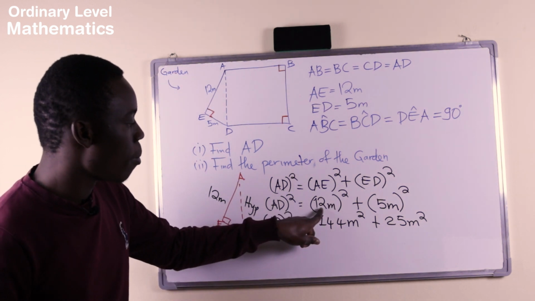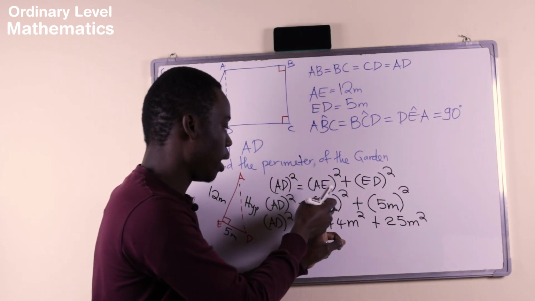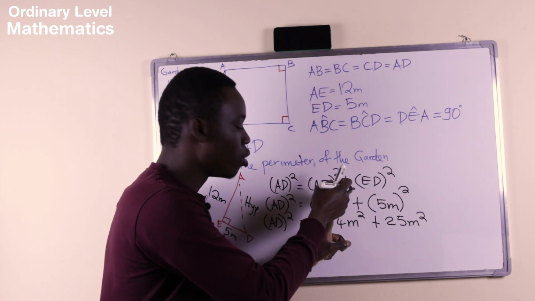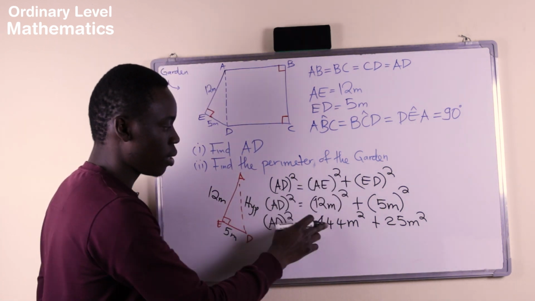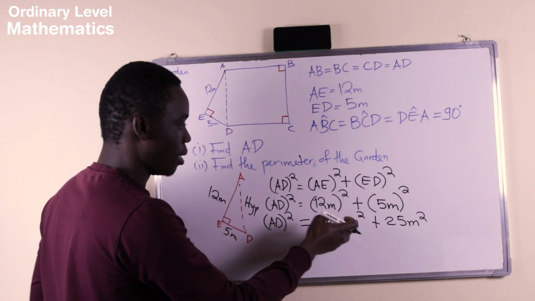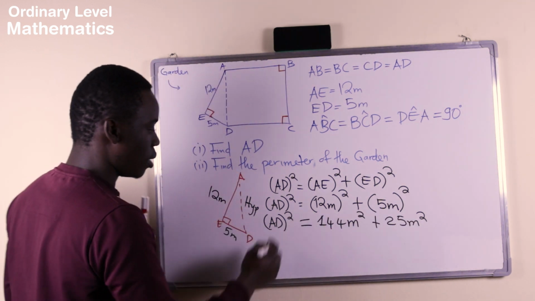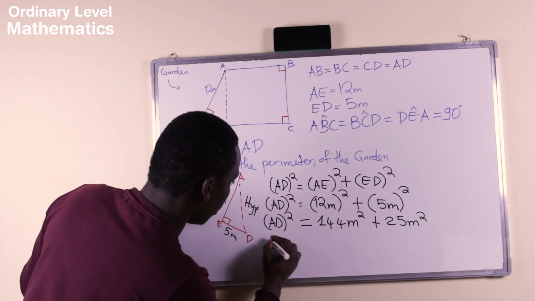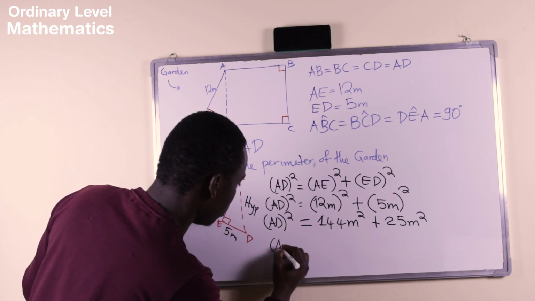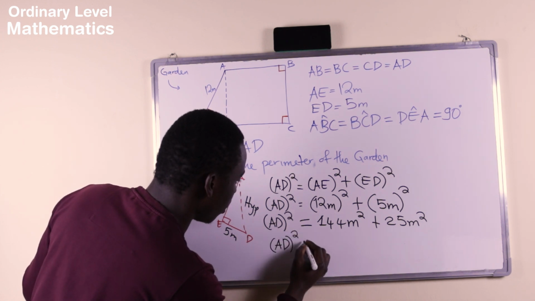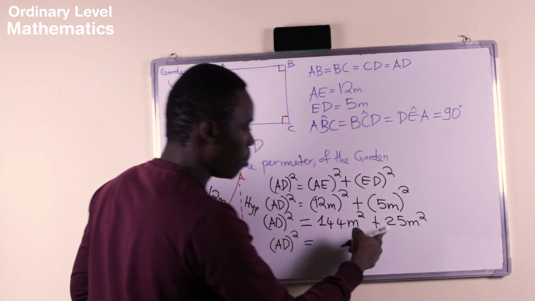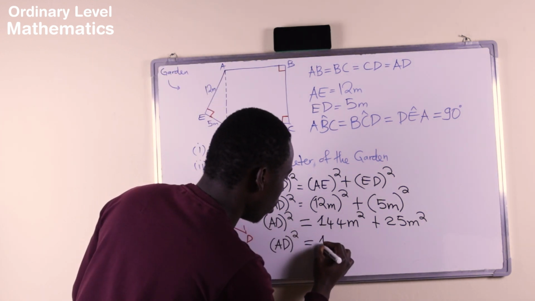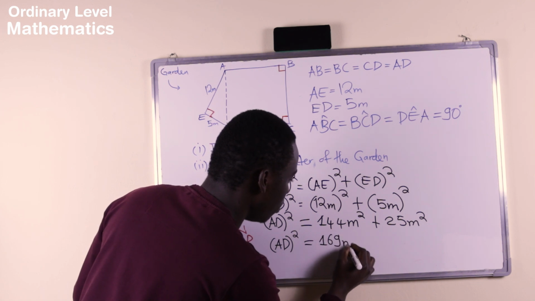we've squared the 12 and the m, so this will be 144 meters squared. Note that, and always pay attention to the units that you're given. AD, in our case here, squared will be equal to 144 plus 25 is 169 meters squared.